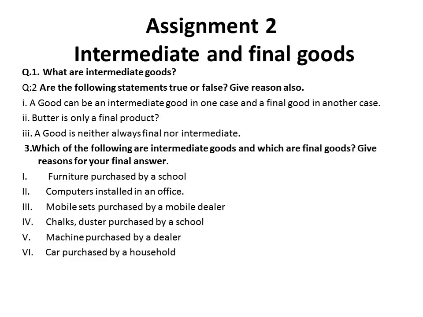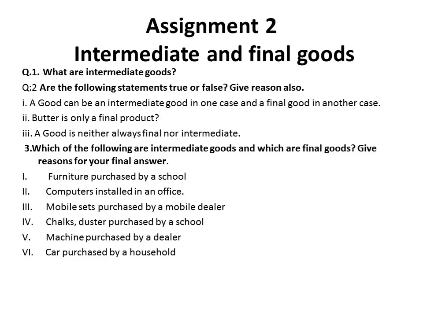Then in the next question, are the following statements true or false? Give reason also. A good can be an intermediate good in one case and a final good in another case. Yes. If a good is used by households, it is a final good. If it is used by a restaurant, then it is an intermediate good.